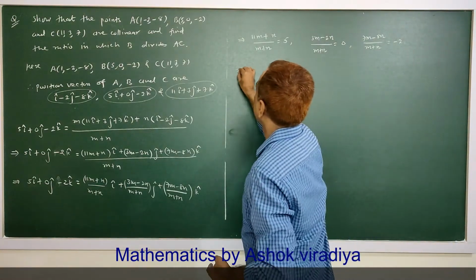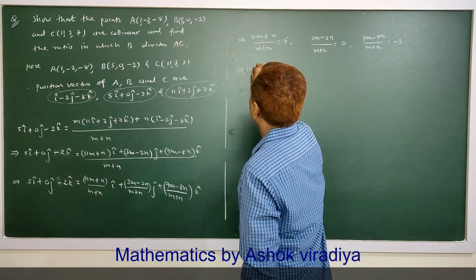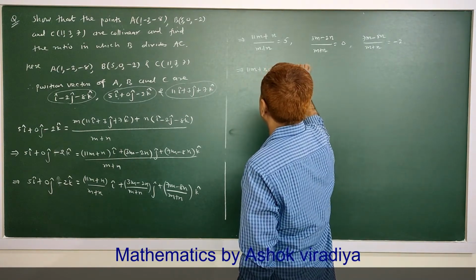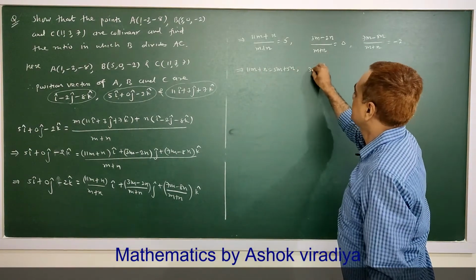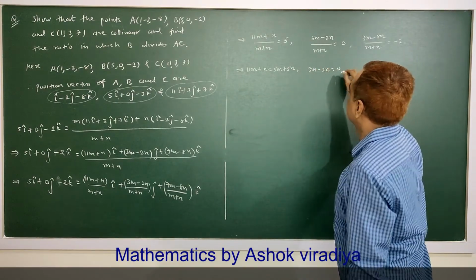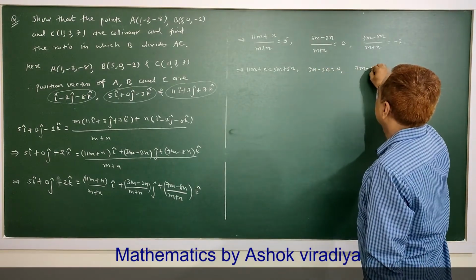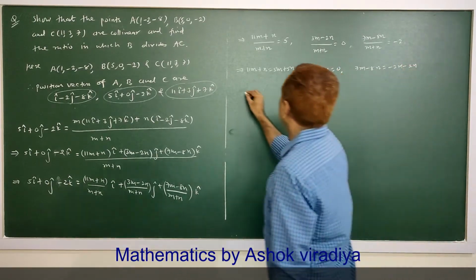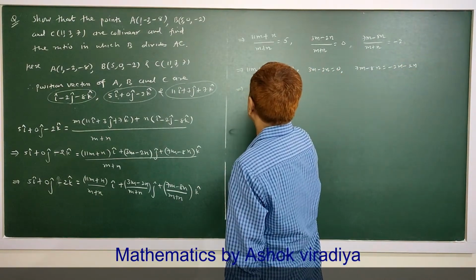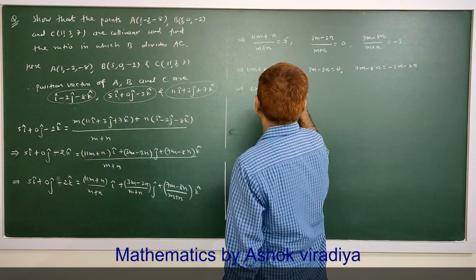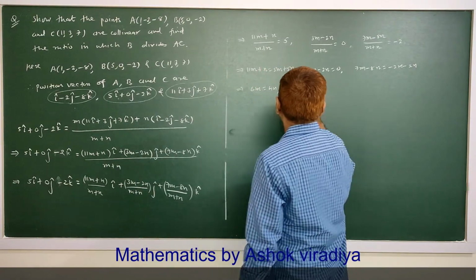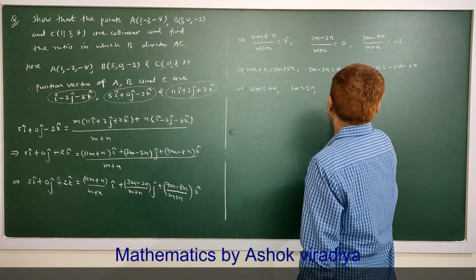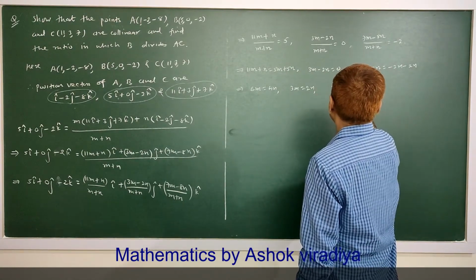That implies 11m plus n is equal to 5m plus 5n. This means 3m minus 2n is 0. 7m minus 8n is minus 2m minus 2n. That means 6m is 4n, 3m is 2n, and 9m is equal to 6n.